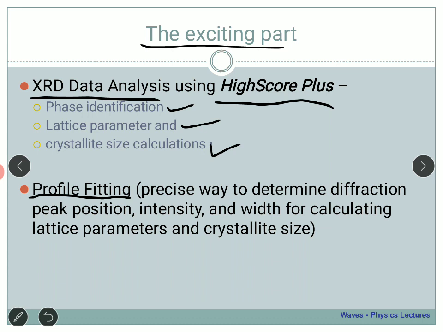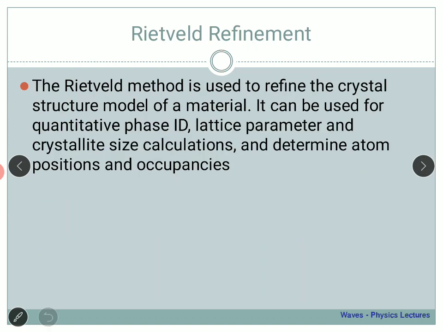So basically, when you have the data, you need to smooth out the data. Okay. So if you need to smooth out the data, you do something which is called profile fitting. We will do that when we actually use the software. So in due course, I'm also going to show you how to use this software to analyze XRD data. Okay. We are also going to see a very rough idea of Rietveld refinement.